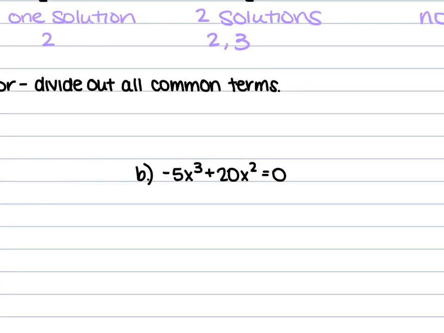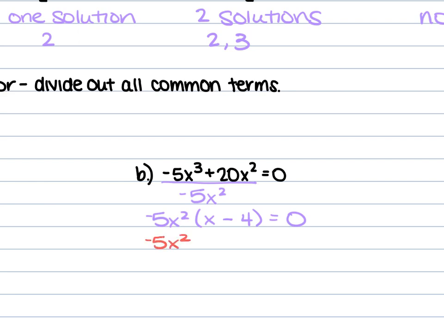For b, again, do we have a greatest common factor? Yes, we have a negative 5x squared. So we're going to factor out that negative 5x squared. We're going to have x minus 4 left over. So we have negative 5x squared times x minus 4 is equal to 0. From here, set both parts equal to 0.